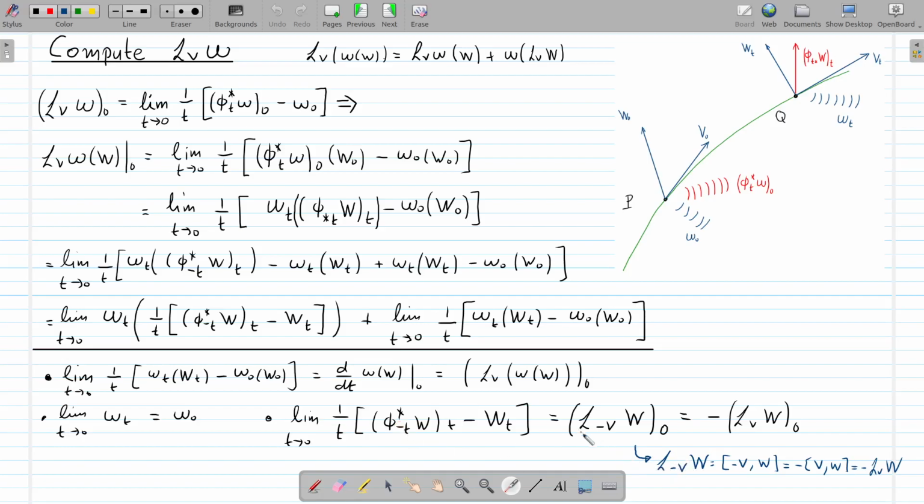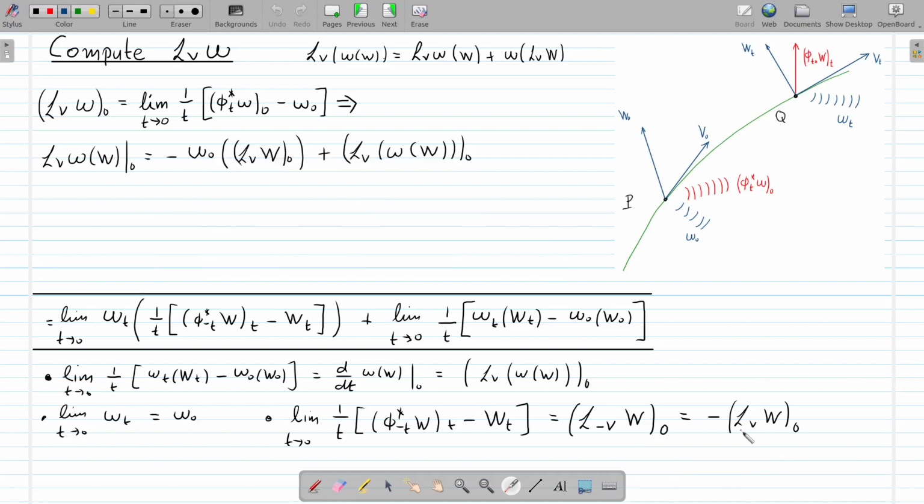And of course it is easy to see that the Lie derivative with respect to minus v is equal to minus the Lie derivative with respect to v. Therefore, we arrive at this relation where the Lie derivative of omega acting on w at the point P is minus the action of omega on the Lie derivative of w with respect to v, plus the Lie derivative of the function omega of w at the point P.